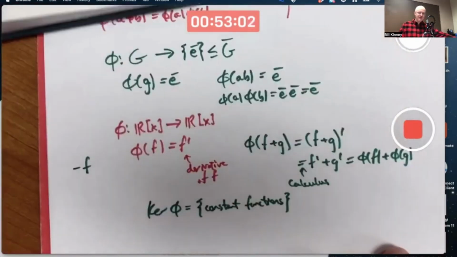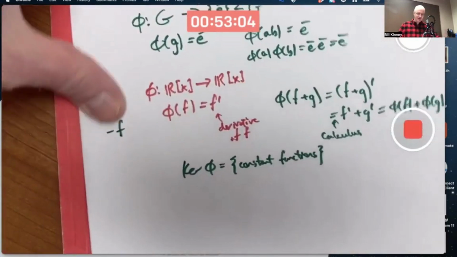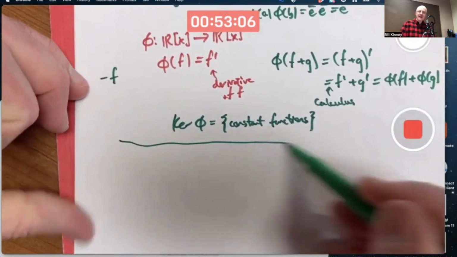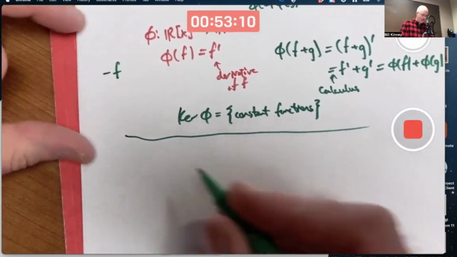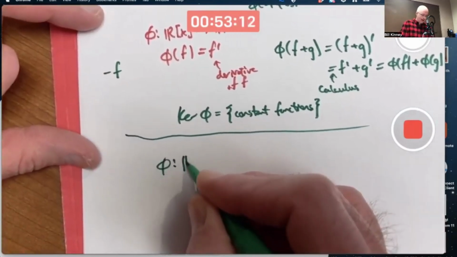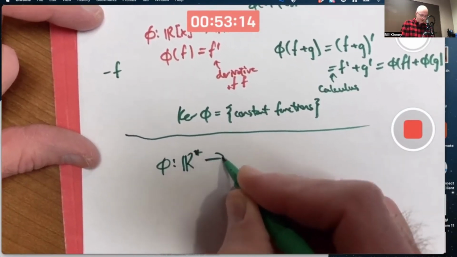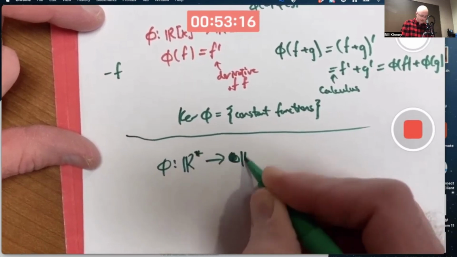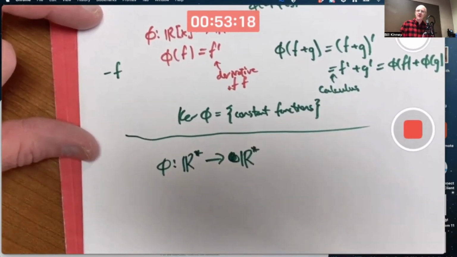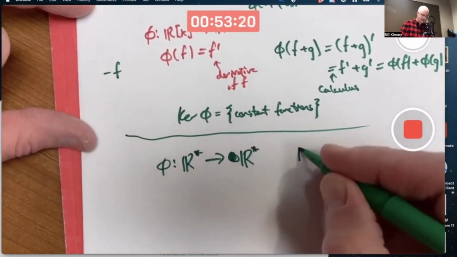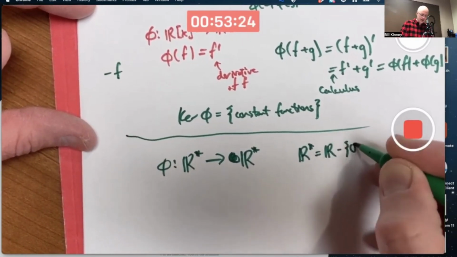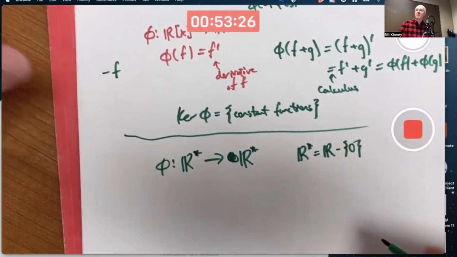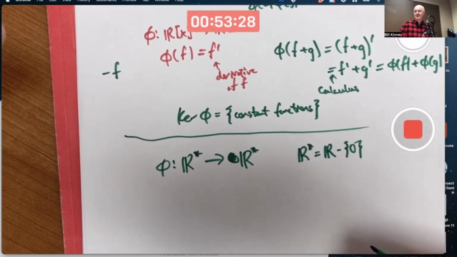However, I will say phi of x equals x squared is a group homomorphism when you're mapping R star to itself. What's R star? We talked about this before. It's R take away 0. It's a group under multiplication.